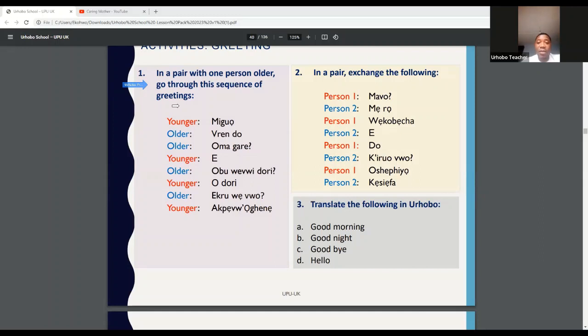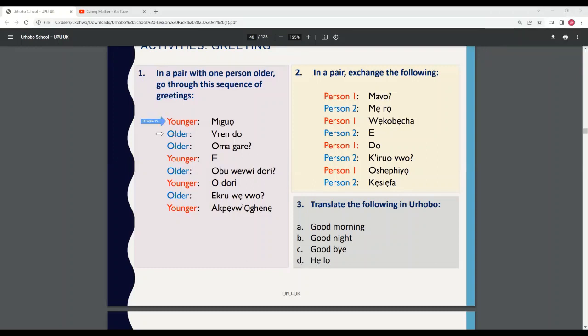Okay, so many hands are up now. So Anigoro and Akpo will be the first. Anigoro, you are the younger person. Akpo is the older person. So let's go.